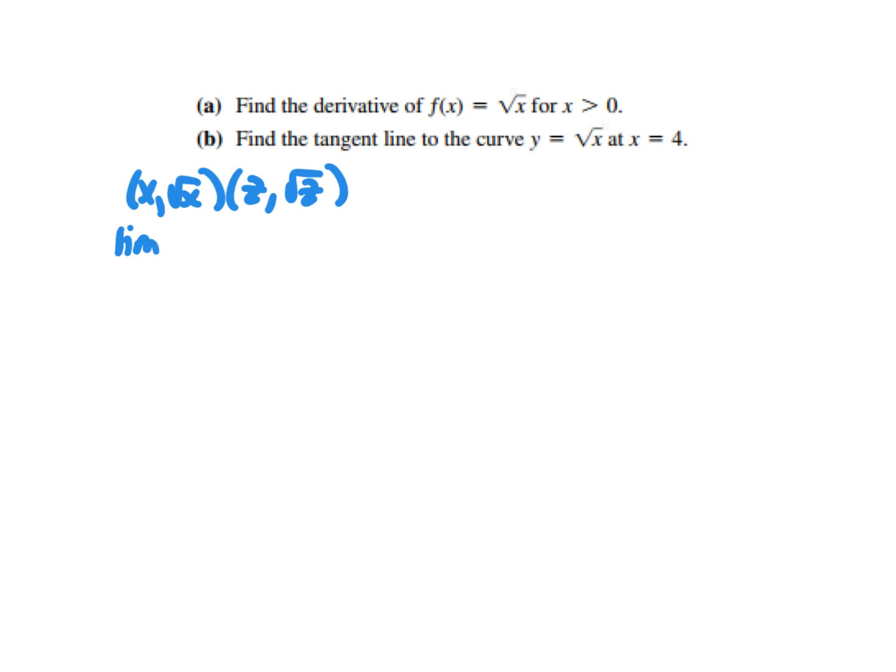So I'm going to do the limit as z goes to x of f of z minus f of x over z minus x.